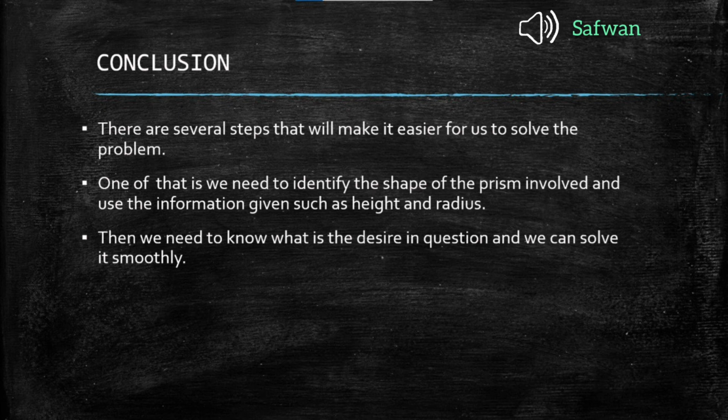Then, we need to know what is desired in the question and we can solve it smoothly. For example, like the problem statement above, we were able to solve that the water volume of the cylindrical tank is being drained at the rate of 432 pi inches cubed per minute.